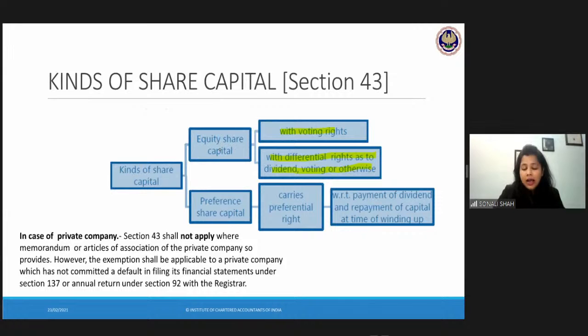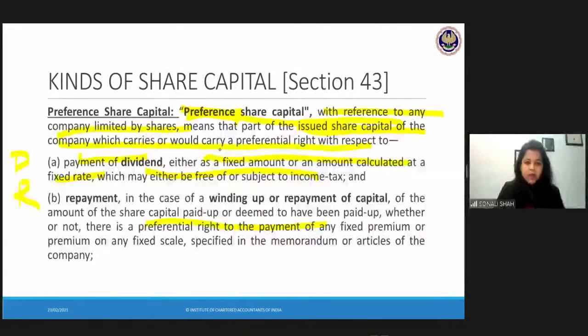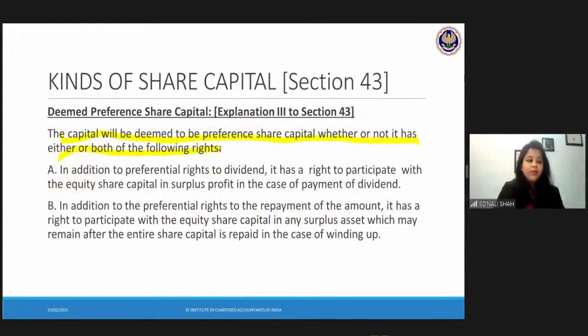So if the MOA and AOA of the private company say that section 43 will not apply to them, it will not apply. But they can claim this exemption only when they have not committed any default in filing of its financial statement, right?